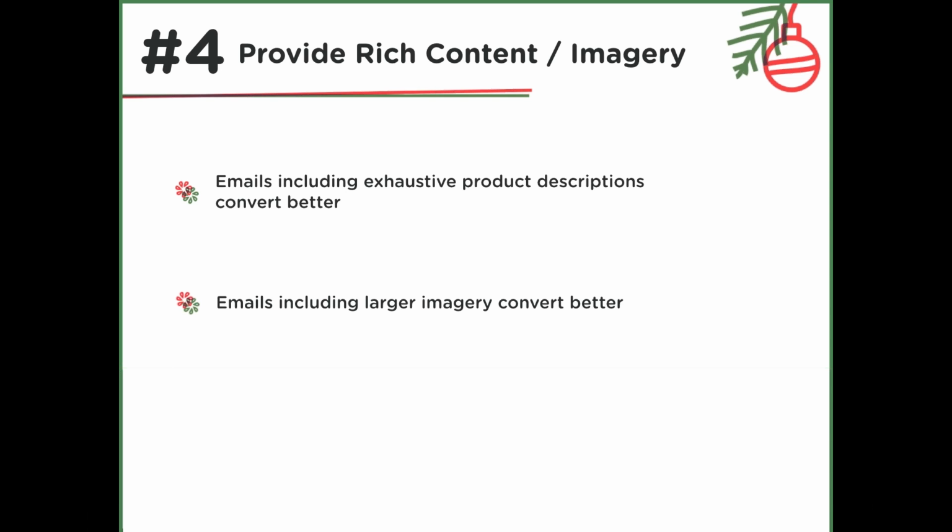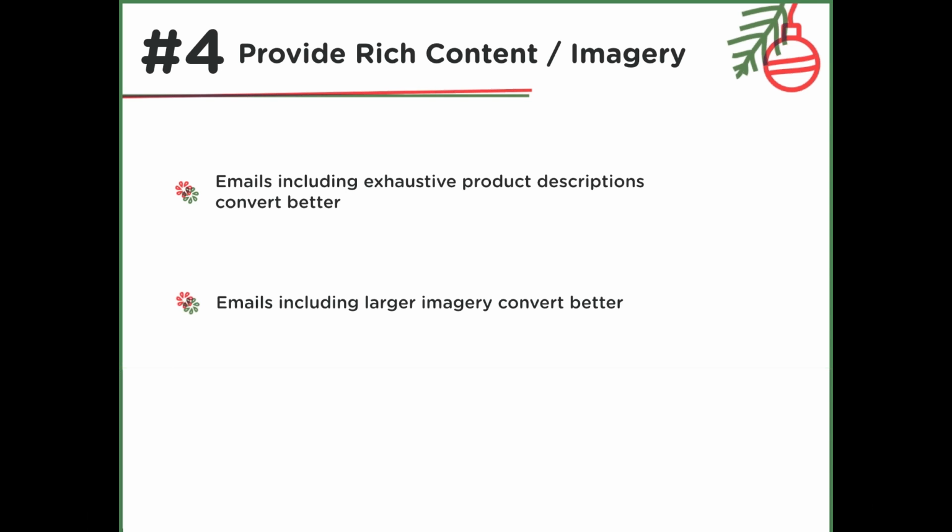Exhaustive product descriptions really convert much better than a simple email that looks empty. So my personal experience from Zalando back in the day, when we did split tests between a product that had a really nice product description and one without a product description, of course, we could see a huge lift if you provide rich content and rich context as well.